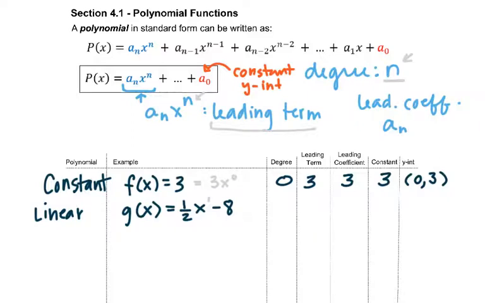So my degree is 1. My leading term is that whole first term that we're looking at, 1/2 x. The coefficient of that term is the number in front, 1/2. And then we have a constant, -8, which gives me an ordered pair 0, -8.